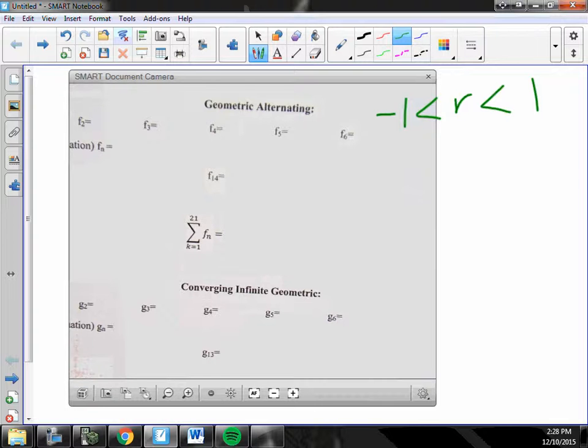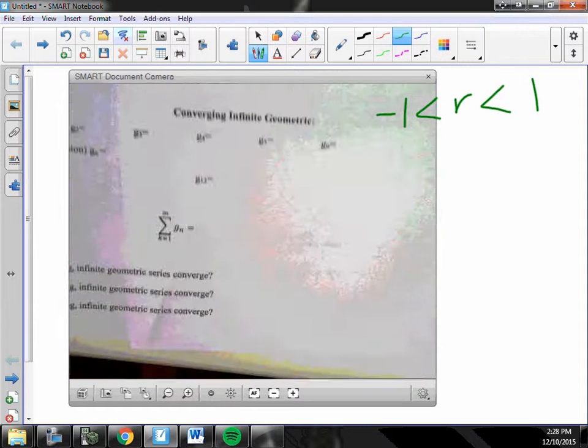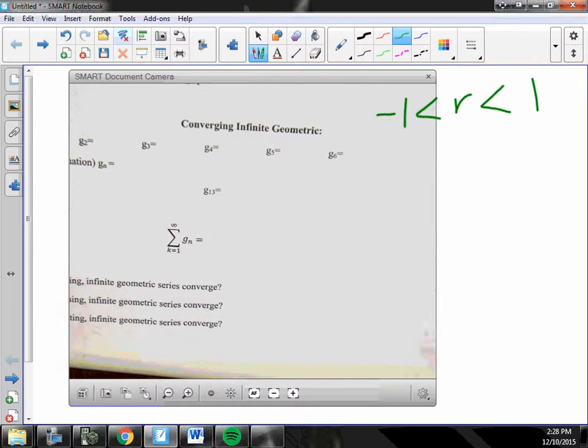Okay, and then at the end, a convergent infinite geometric sequence. What must happen in order for a sequence to be convergent? The r value has to be between 1 and negative 1.